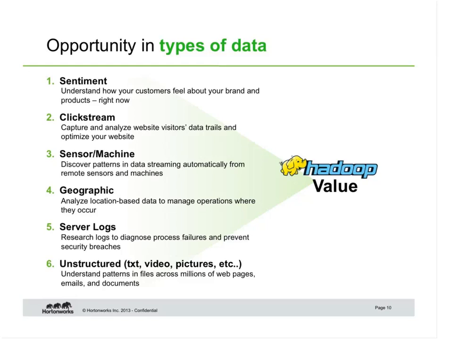So you know where somebody's looking, and you can do a better job of offering them products or services based on where they are. Server logs coming off of applications and other research-related activities to be more predictive and proactive in terms of things like failure, part failure in systems. And then generally unstructured data might be text or video or any of those kinds of data.